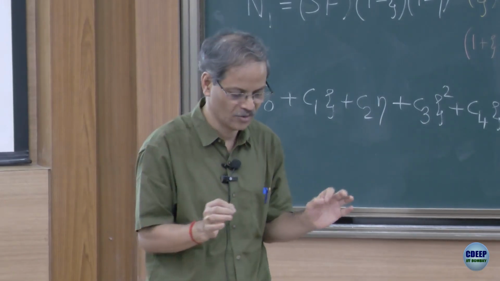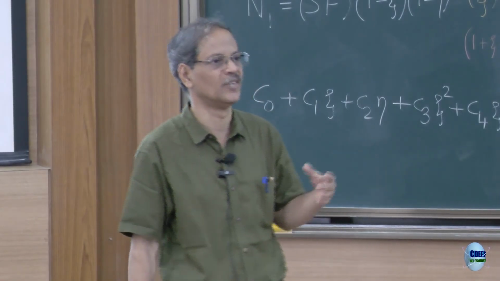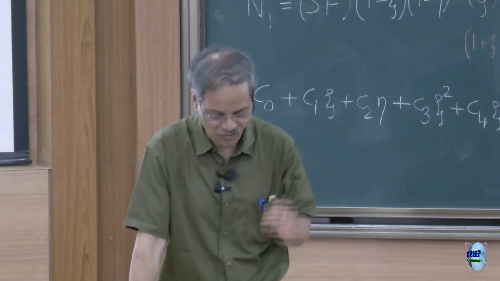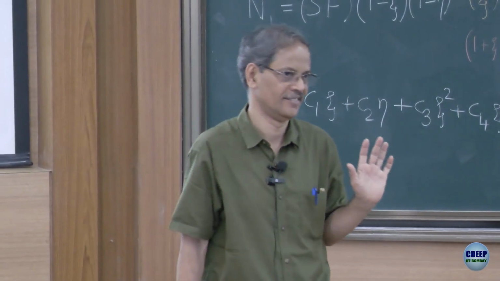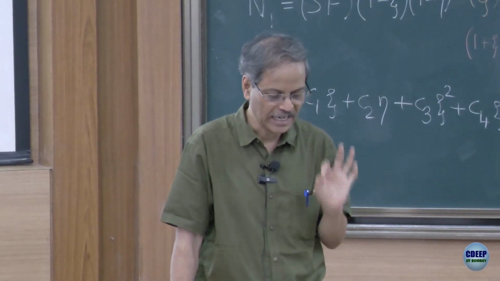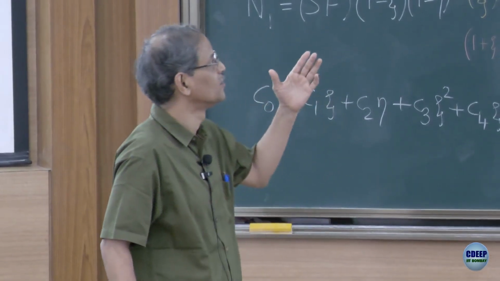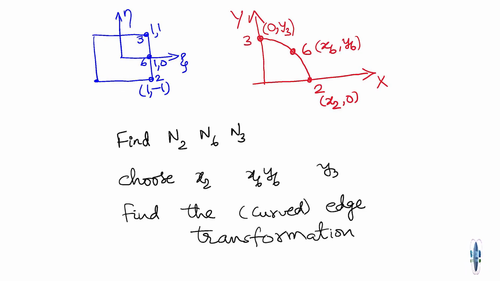You can explore that in your weekend more deeply, but for the present purpose I would like to focus on just one edge. Okay, one edge, say 263. I would want you now to find out N2, N6, N3, and in the real physical world on a circular arc. So x2 0, 0, y3, let's say a quarter of a circle. It's too ambitious.